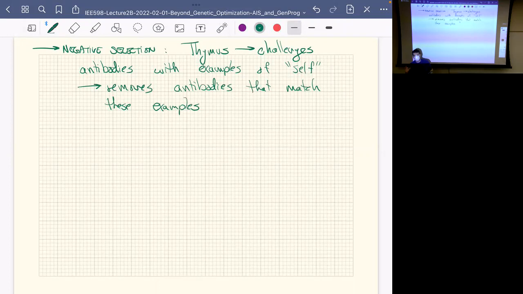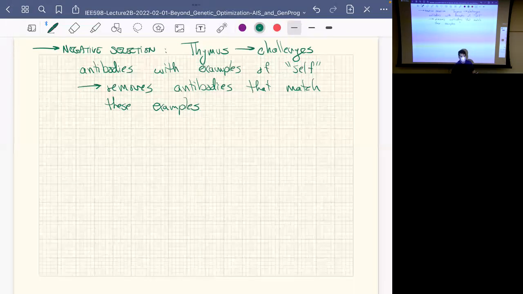Those that manage to pass through, it's kind of like a filter or a sieve, where it catches all those that match self. The ones that pass are the ones that go out into the bloodstream and start looking for new stuff.